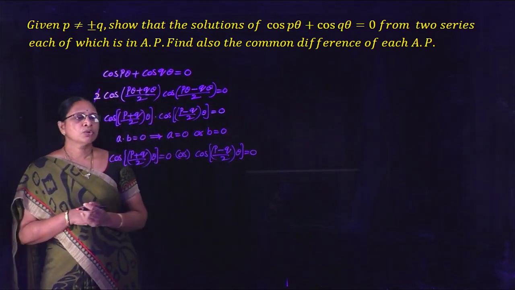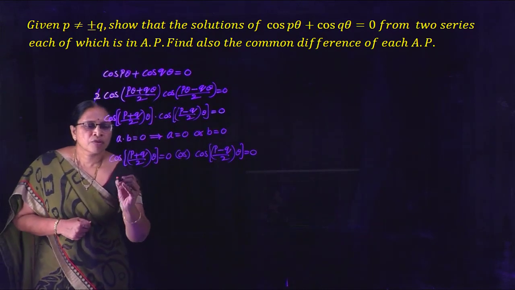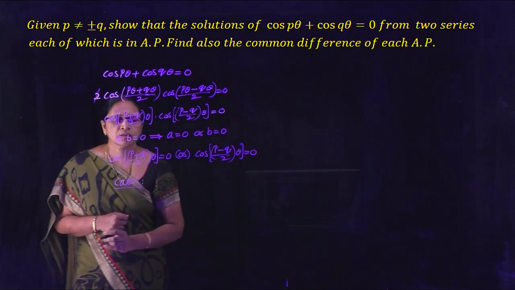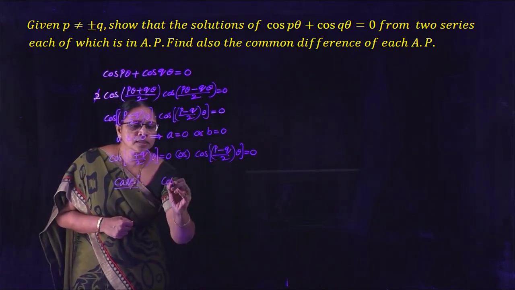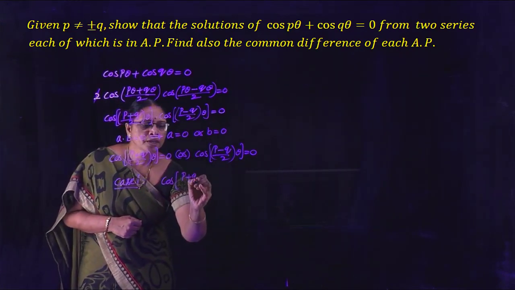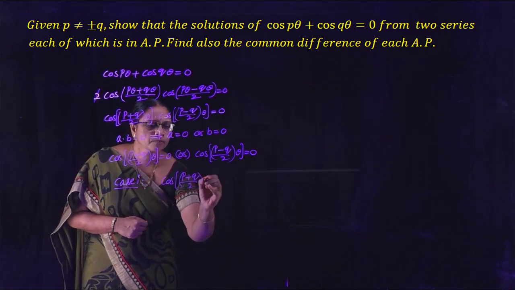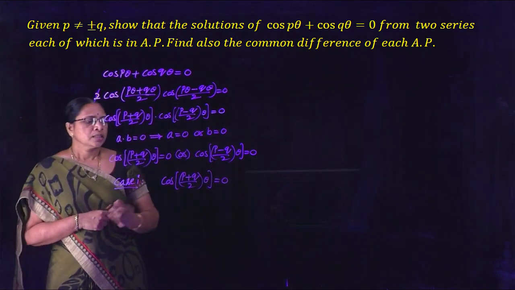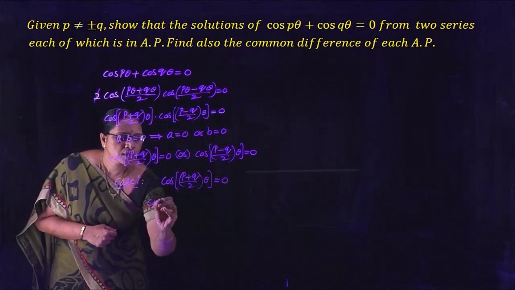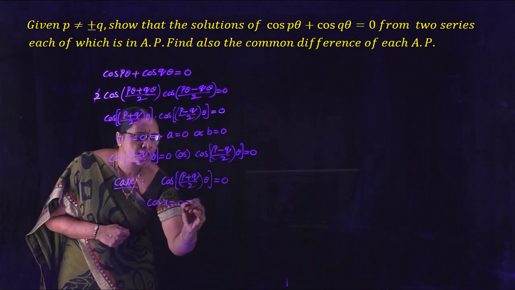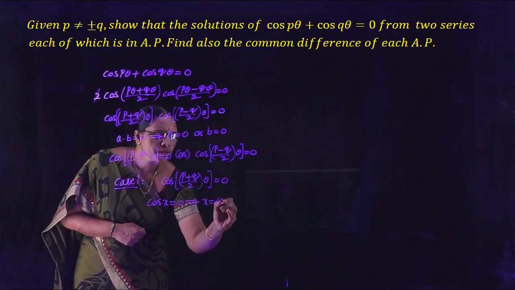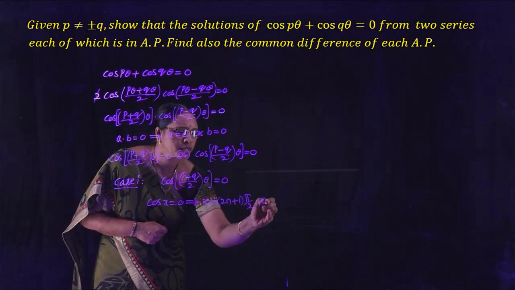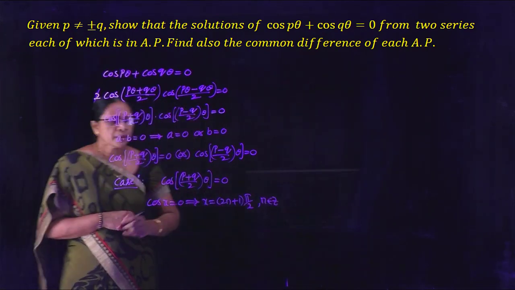Here two cases arise. First case is case 1. If cos p plus q by 2 theta equal to 0. We know that the general solution for cos x equal to 0 is x equal to 2n plus 1 into pi by 2 for all n belongs to z. Apply this formula.